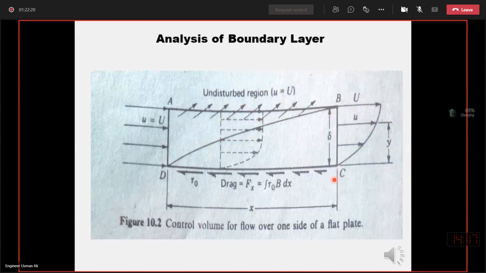Del is the thickness of the boundary layer at point C at the trailing edge, and this is the velocity profile at any distance y from the surface of the plate. The velocity is small u, and just outside the boundary layer the velocity is capital U, and inside the boundary layer the velocity is small u. So this is the explanation of the figure.